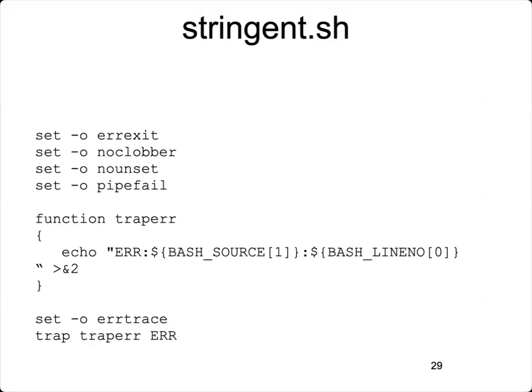And you can see I've added a couple of things. Error trace goes into subshells so that the trap ERR works in the subshells. I didn't experiment with it to find out what the limits are, where it's actually needed. It's just a good idea to use it. There was no downside.